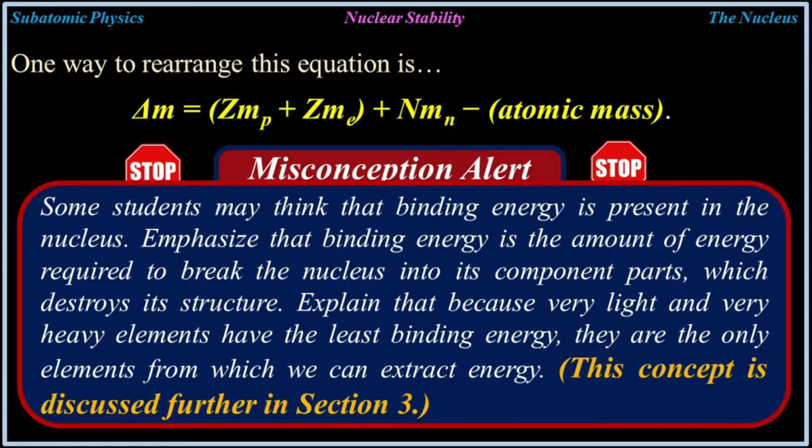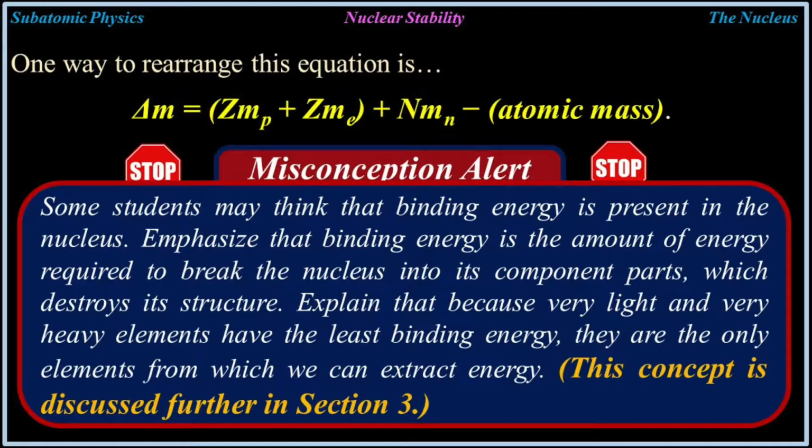One way to rearrange this equation is delta M equals Z M_P plus Z M_E plus N M_N minus atomic mass. Misconception alert. Some students may think that binding energy is present in the nucleus.